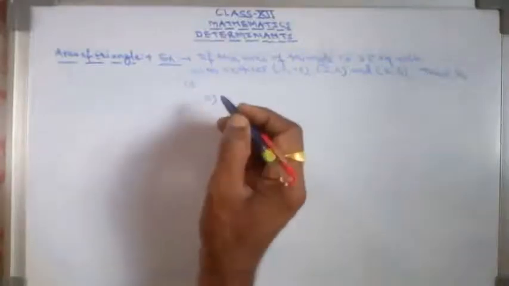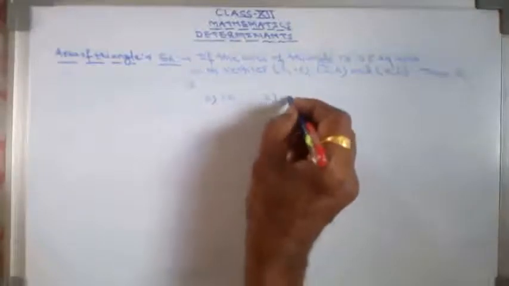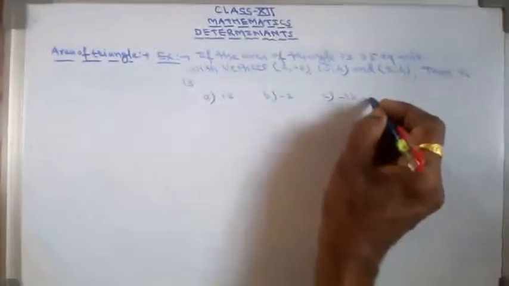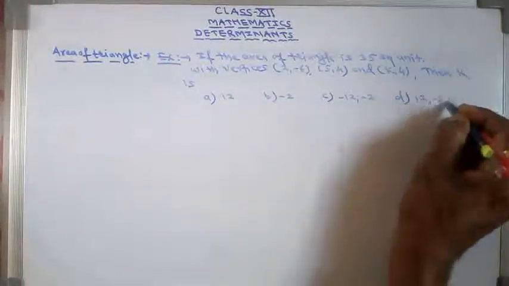Options are given: A is 12, B is -2, C is -12, -2, and D is 12, -2. So let us find the area here.